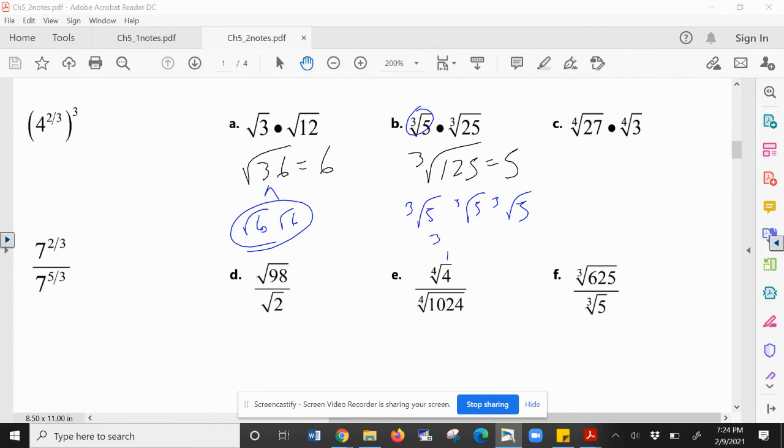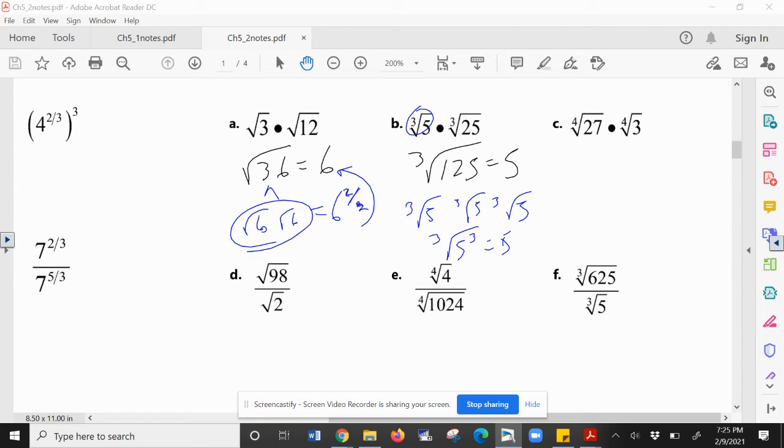In other words, the third root of 5 to the third is 5 to the 3/3, or 5. Just like over here, this would be the same as 6 squared, 6 to the 2 over 2. Well, 6 to the 2 over 2 is 6 to the first power. So you need 2 of those because the denominator is 2. You need 3 of these because the denominator is 3. In the next one, you need 4 of them because the denominator is 4.